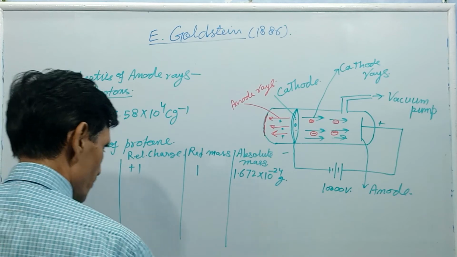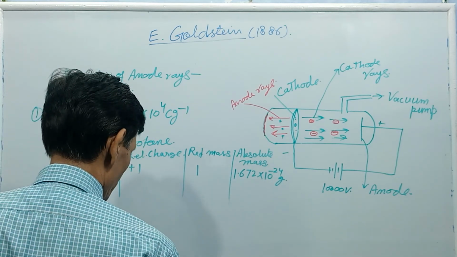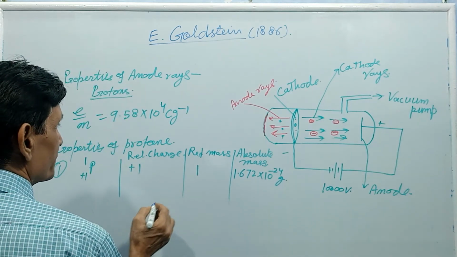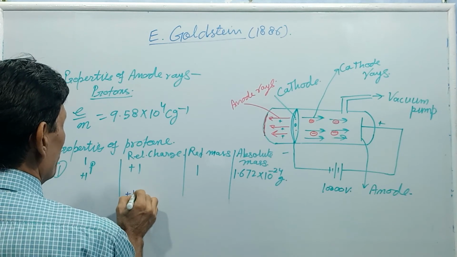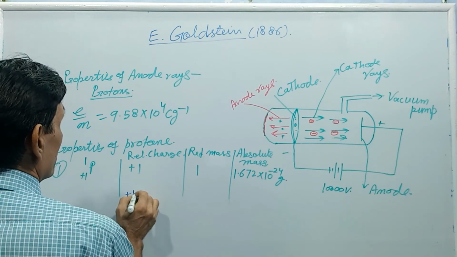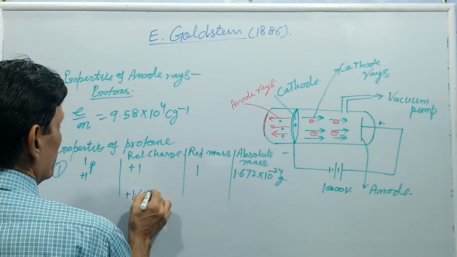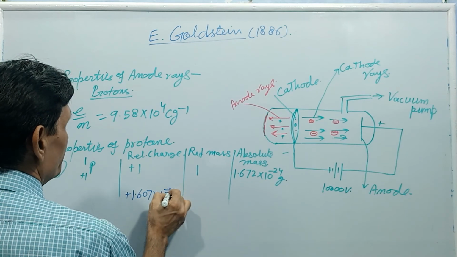Its absolute charge on a proton is plus 1.602 into 10 to the raised power minus 19 coulomb.